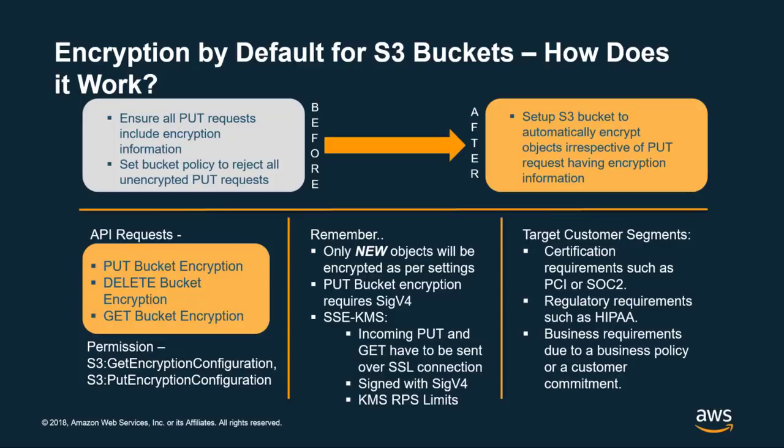Because in the old world, you, the user, or the application that's putting data, had to ensure that all put requests included encryption information and set up a bucket policy to explicitly reject unencrypted put requests if you wanted to ensure that objects were encrypted. So now, you can automate this. We're targeting customers that have requirements like PCI or SOC 2 or HIPAA for PII data where they absolutely need encryption.